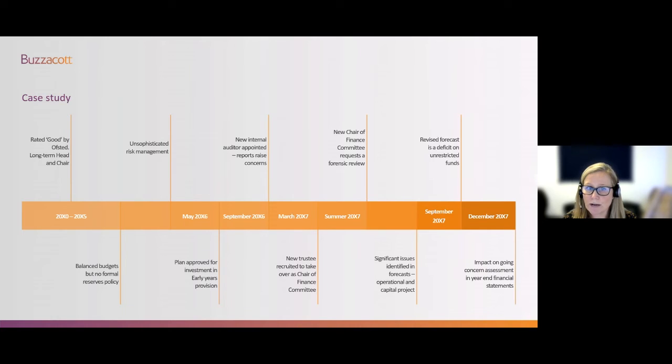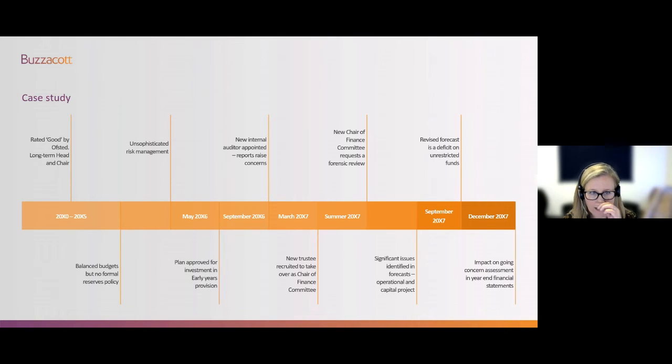The new chair of the finance committee comes on board, and as part of his onboarding, getting up to speed with the trust and getting to know what's been going on, he's looking at recent minutes, accounts, financial information, and so on. He also specifically is picking up on those concerns raised by the internal audit reports, and in particular is a bit alarmed by the findings from the budgeting and financial reporting review.